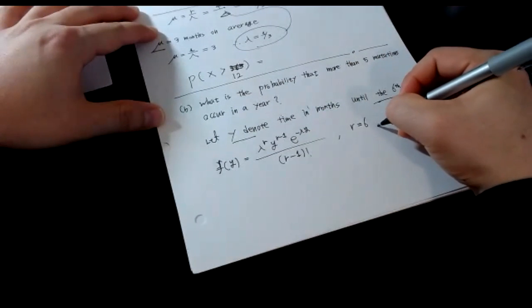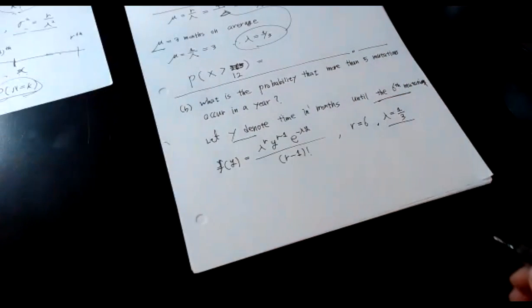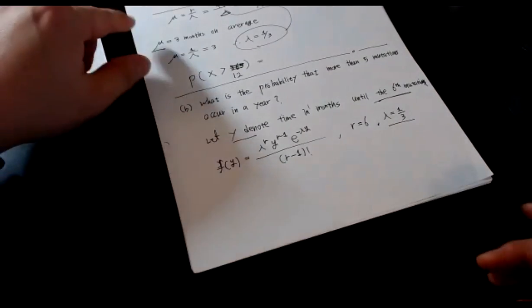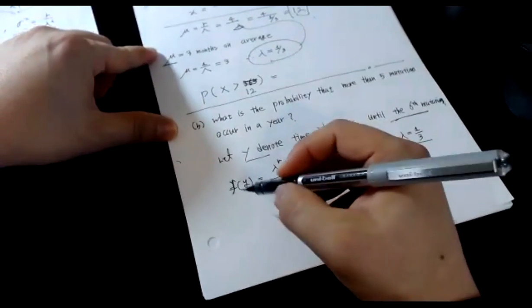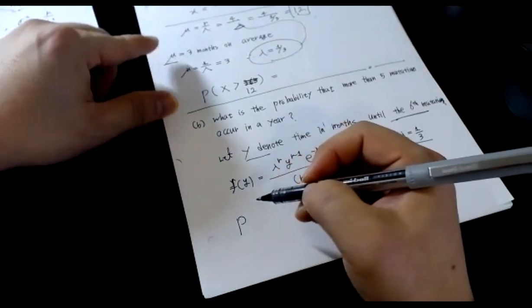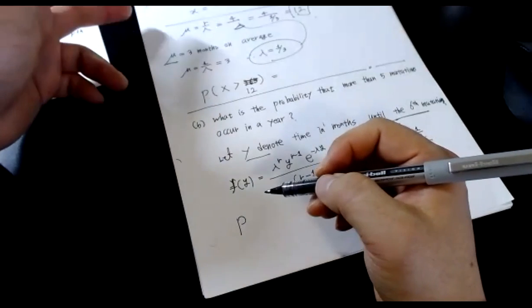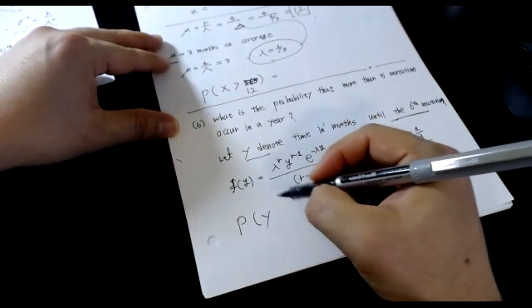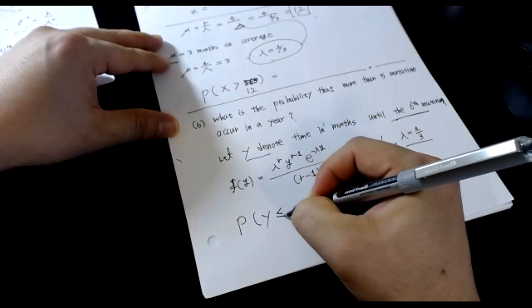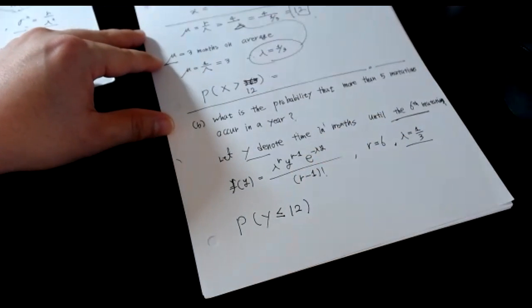And then lambda, we figured out lambda in a previous question, right? It's right there, lambda is 1/3. So now back to question B, what is the probability of more than 5 mutations? That means the probability that y is in a year, that means y is less than or equal to 12.